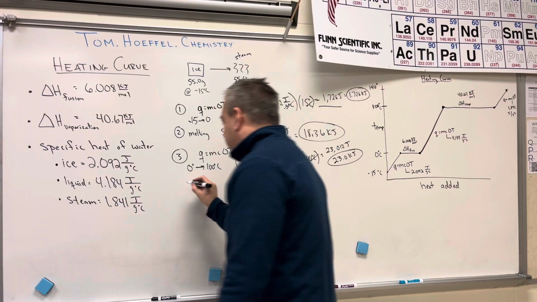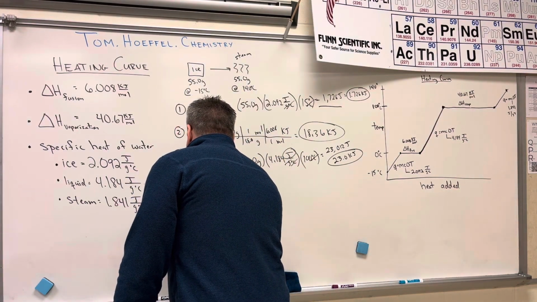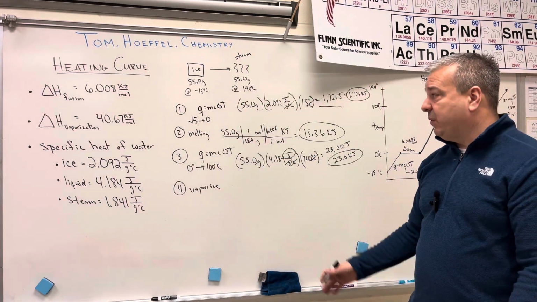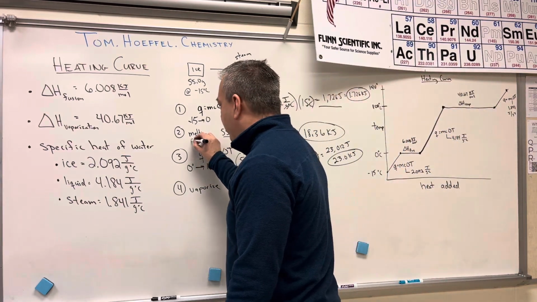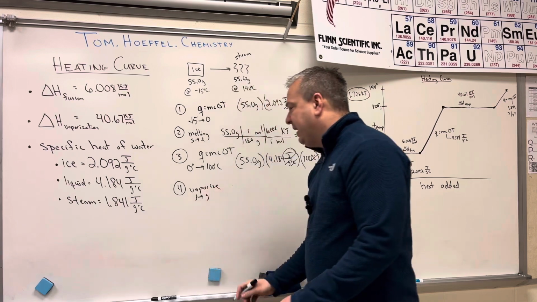So I'm going to turn things into a gas because we're going to vaporize the water, okay? So we're going to change it from a liquid to a gas. So when we're melting, we were going solid to liquid, and now we're going from liquid to gas, okay?